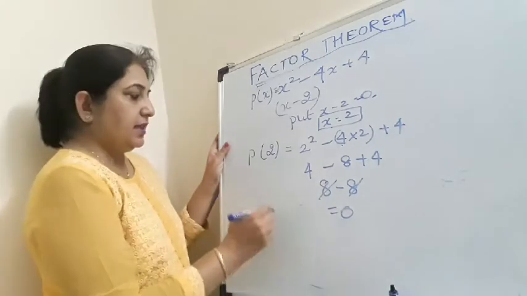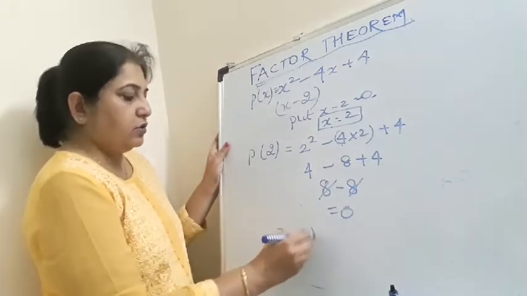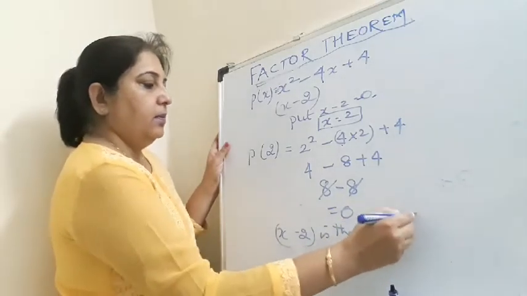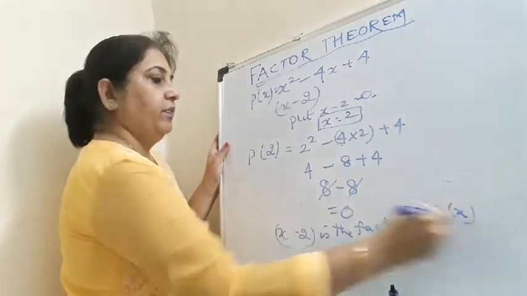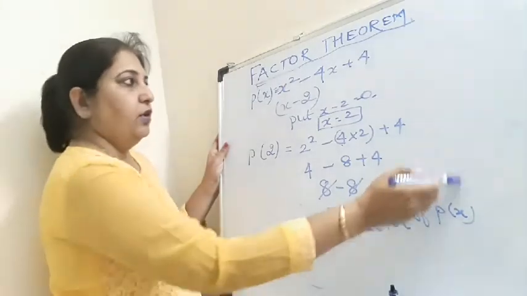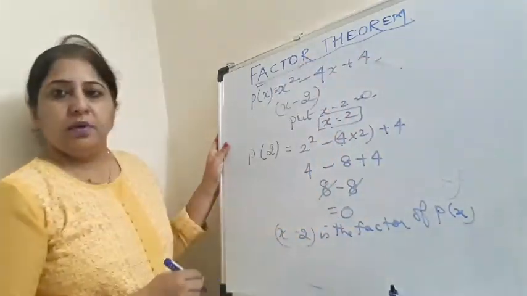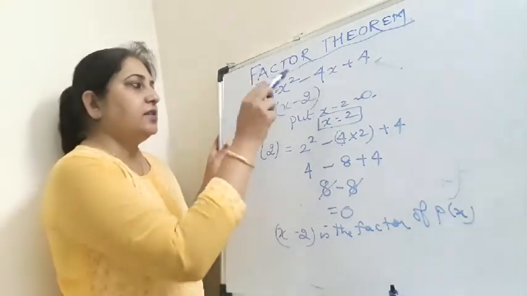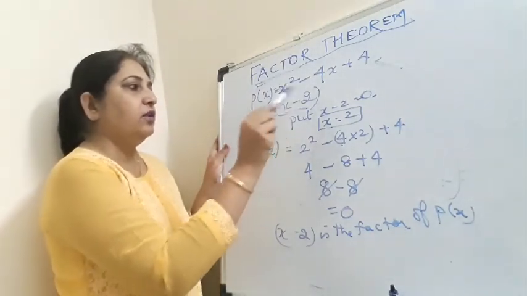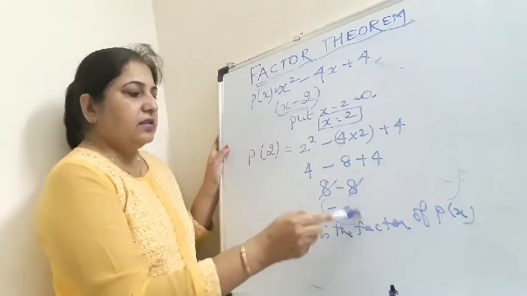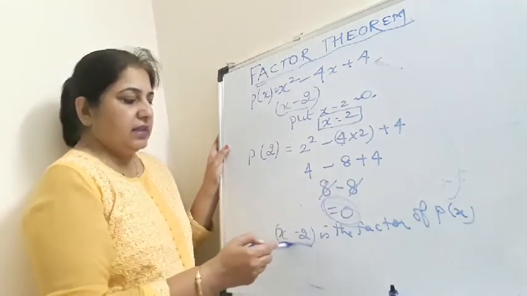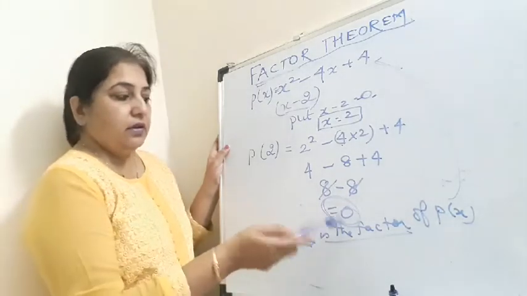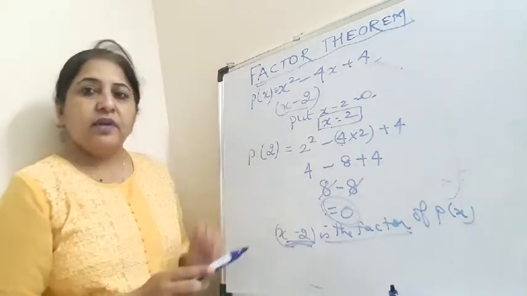So therefore we can say that x minus 2 is a factor of p(x), the given polynomial. So you understood what the factor theorem is? In the factor theorem, when we substitute the given value of the variable, if the answer is 0, then yes, we will say that the given divisor is a factor. If you get an answer other than 0, you will say it is not a factor.